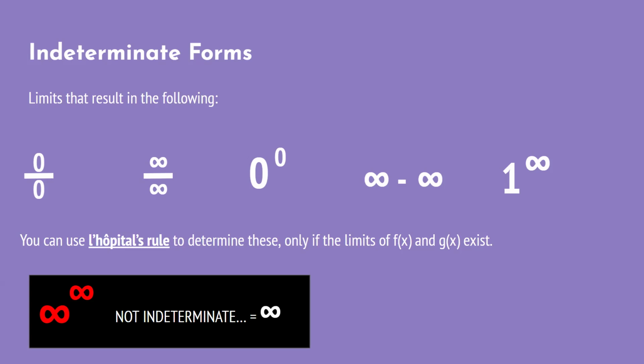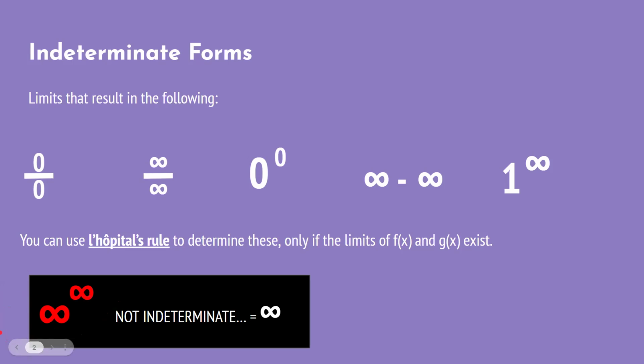But for the graph x to the x, it makes sense that it's going to go to infinity. Think about it: 1 to the 1, 2 to the 2, 3 to the 3, 4 to the 4, that gets super big, and of course it goes to infinity. So that's why this one's not indeterminate.